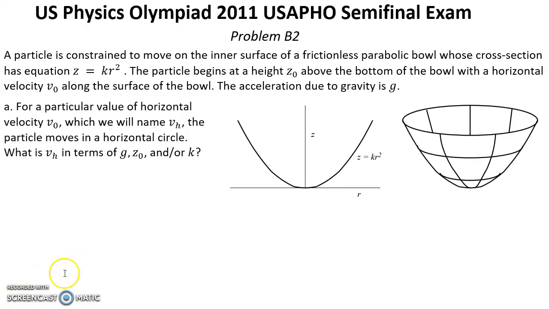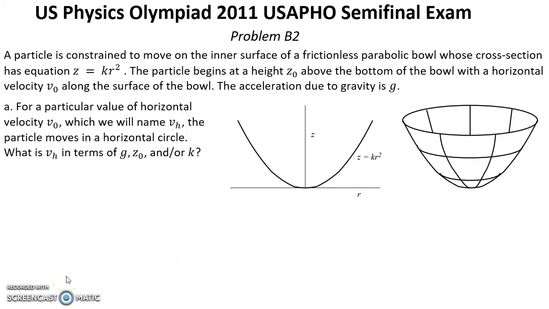Solution. Suppose that a particle is moving at a distance r from the axis z and at height z. In that case, we can write equations for motion.